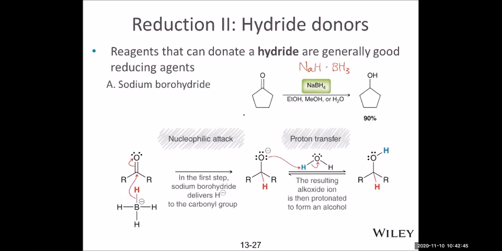And the reaction is fairly straightforward because hydride has a negative charge, so the hydrogen takes its pair of electrons from the hydride compound and forms a bond with the carbon. The bond forms between the carbon's positive charge and the hydride's negative charge.